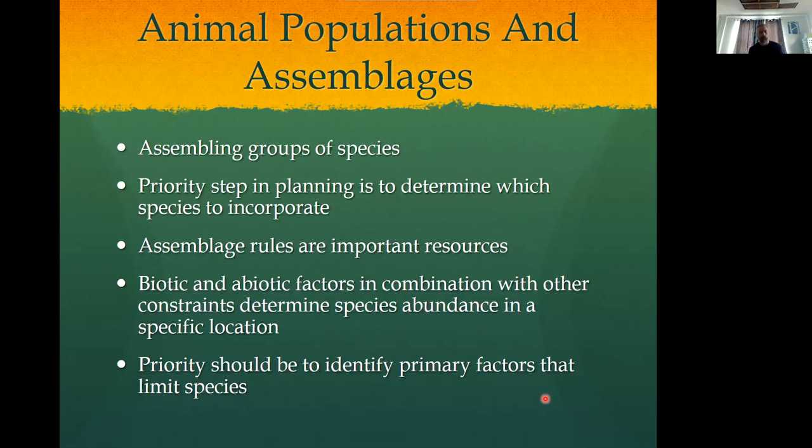Other things to think about: what are you managing for? Are you managing for this to be a rare species? Are you managing for it to be a dominant species? Can you do that, given the geology, given the climate, given the other abiotic resources that are there?